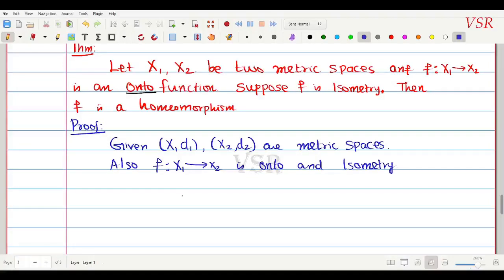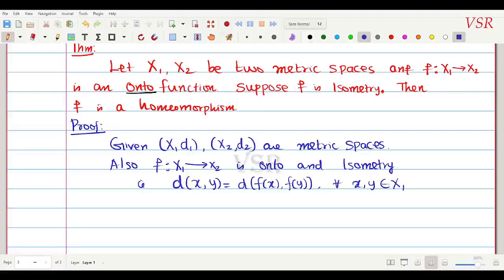That is, distance between x, y equals distance between f(x), f(y), for every x, y belongs to X1.